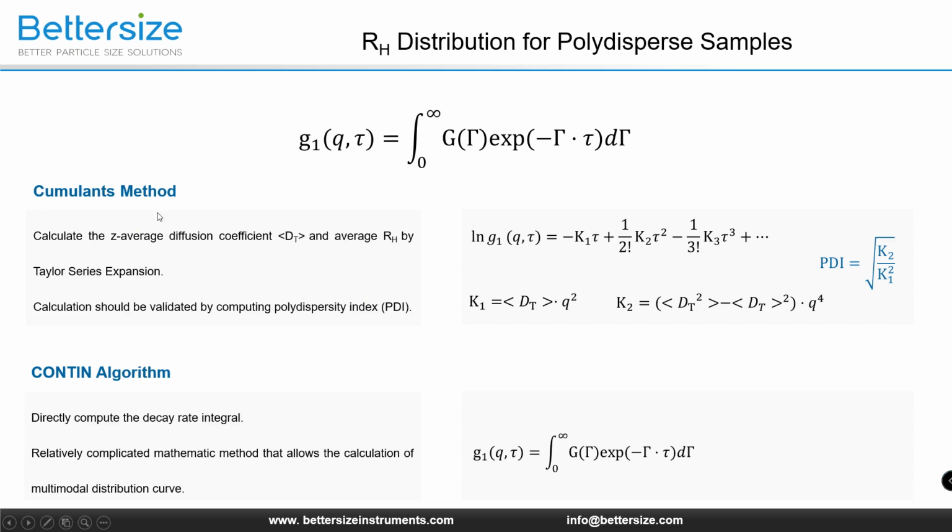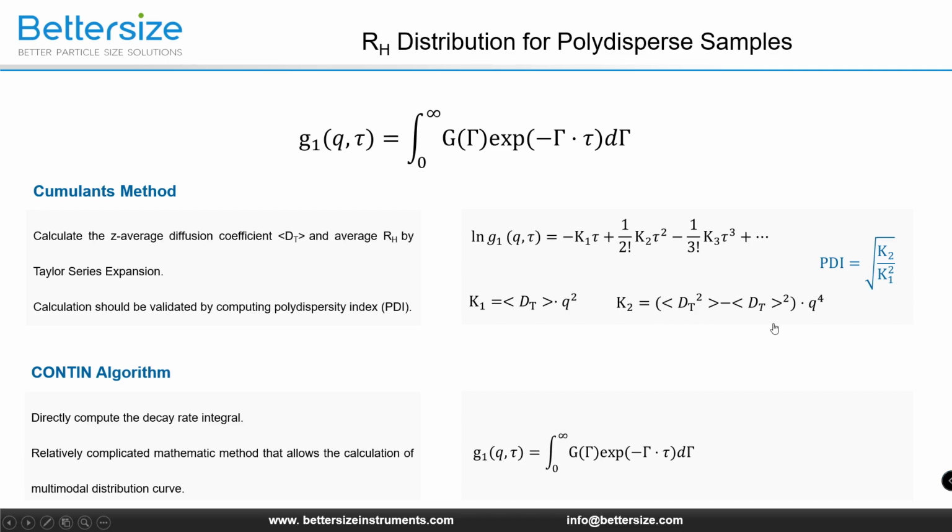Using Taylor series expansions on the natural logarithm of the integral, the cumulants method can compute a z-average diffusion coefficient and thus the average hydrodynamic radius. When using this method, be careful not to overfit the parameters by considering too many coefficients, kappa, since overfitting might render all parameters to be less precise.